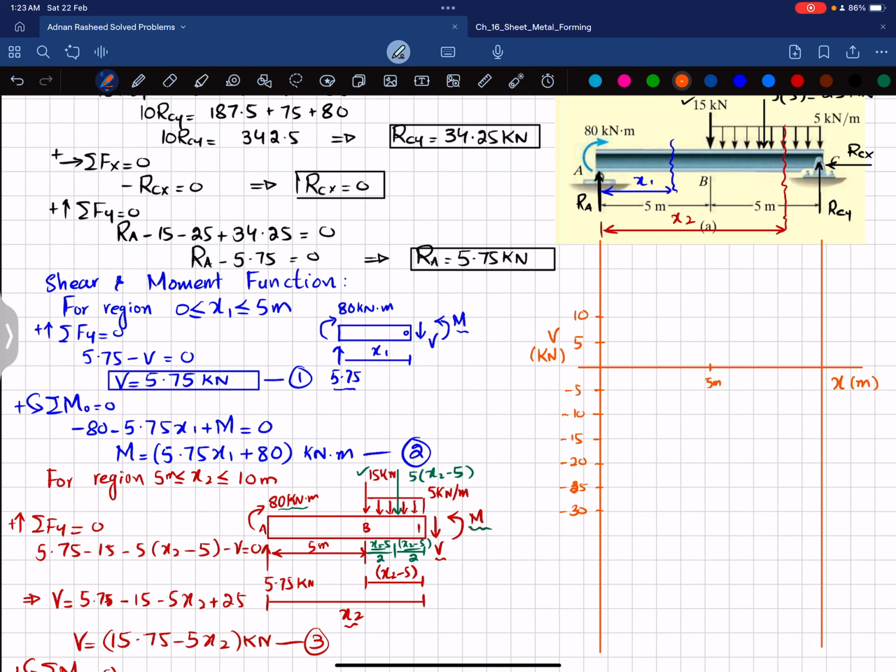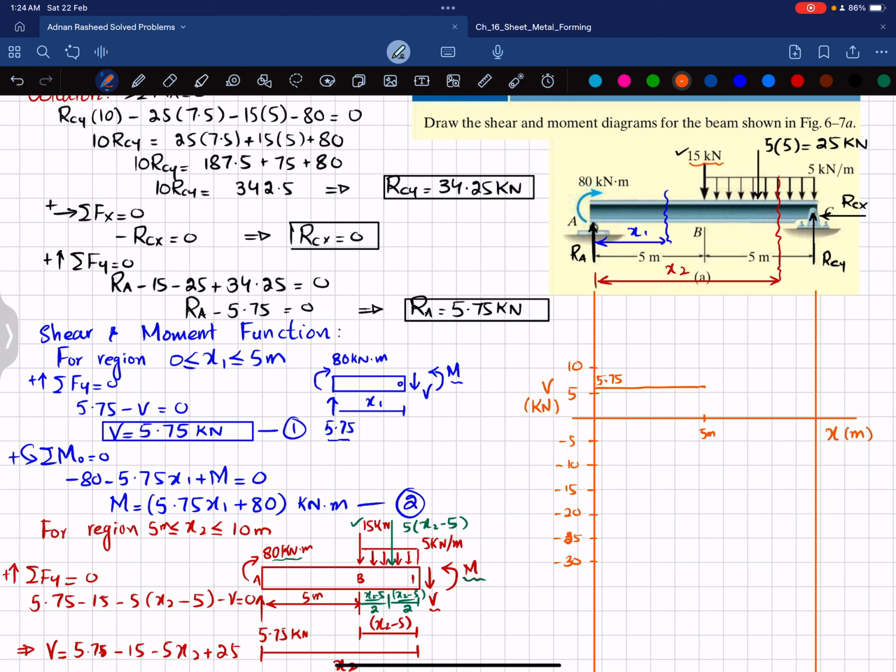So from this starting point till this mid, it will remain the same, 5.75 kilonewton. Now at this point you can see you have 15 kilonewton load, so 15, that is minus, so 5.75 minus 15 will give you minus 9.25. So again shear force will change from this to this.